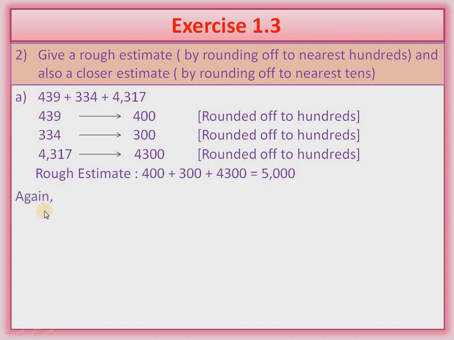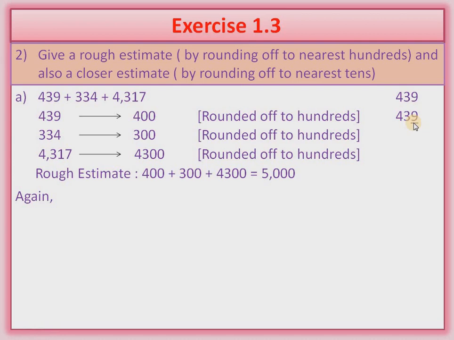Understood? So again I am going to take this number 439. We are going to round off to 10. So tell me, we will make a line before how many digits? We will make a line before only the last one digit. You can see 439.